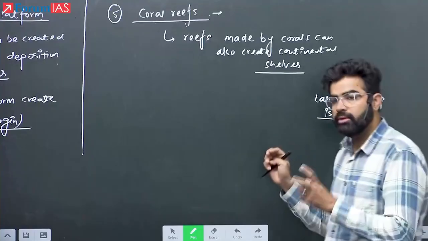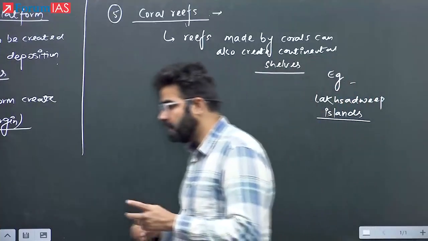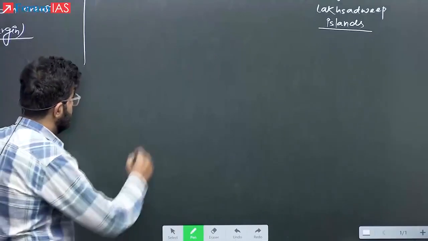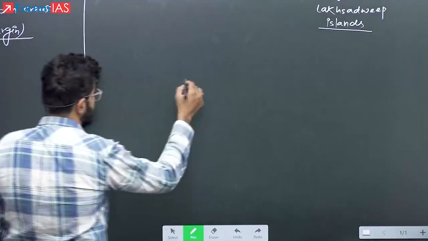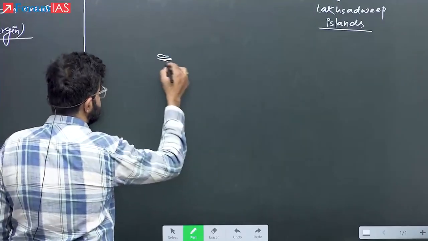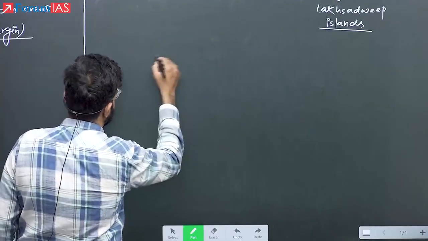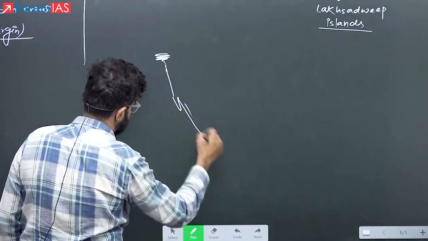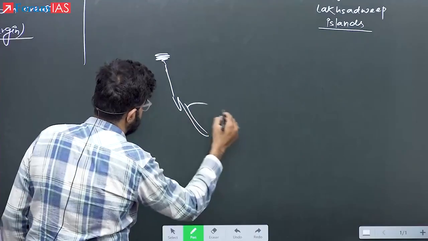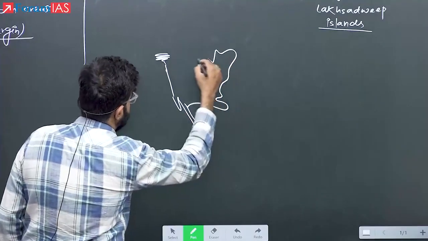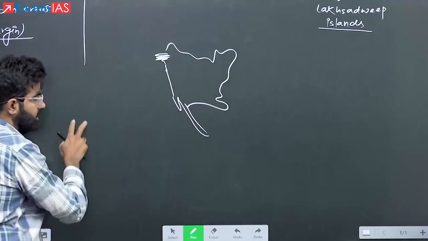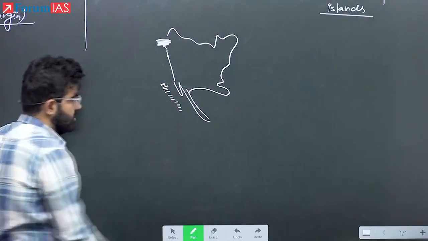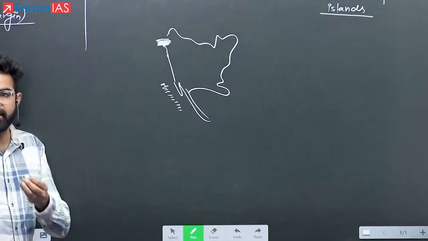Yes. Now some more important points which are specifically required for the prelims. For example, one more point, see here. For example, this is America, and in this area here, you will not find continental shelves, or if you find them, they would be extremely narrow.